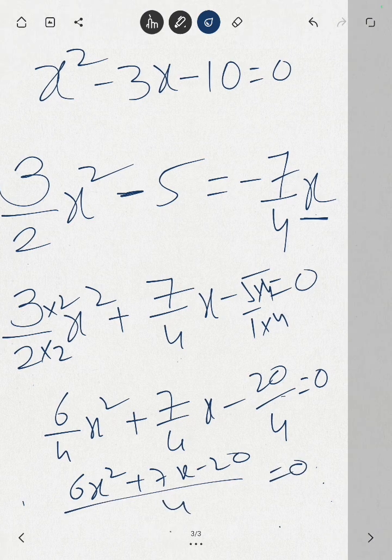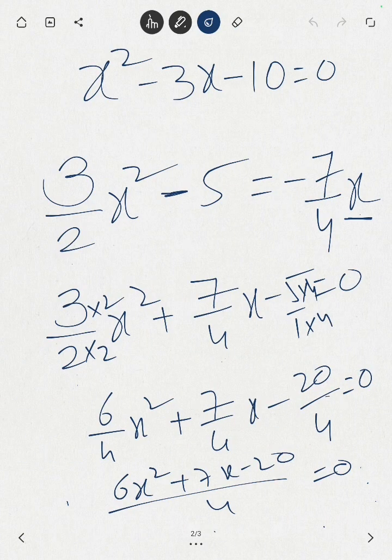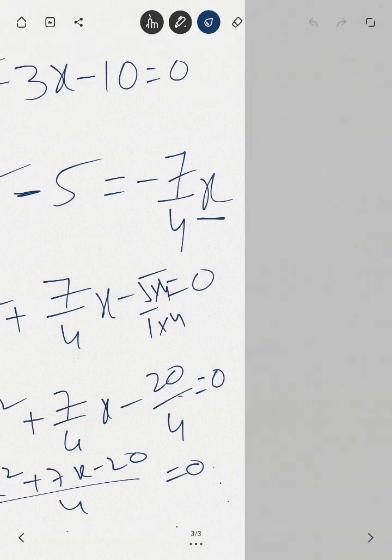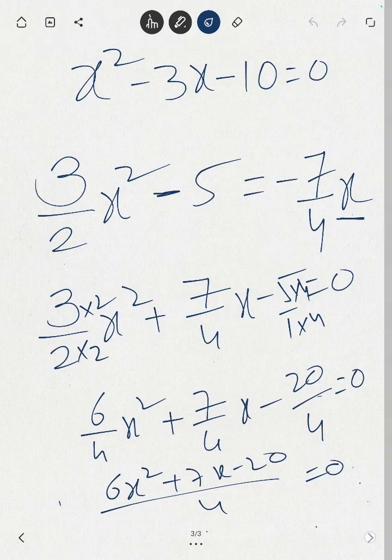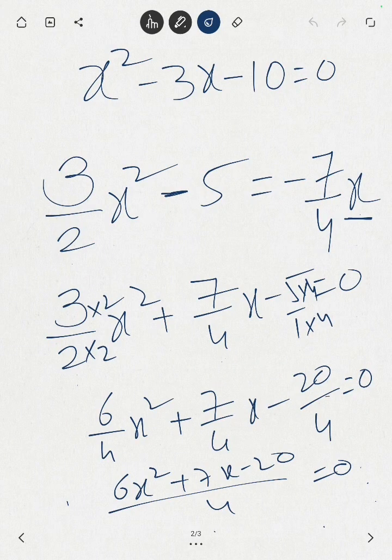Send 4 to that side, it will become 0 into 4, 0. So what is the final output? 6x square plus 7x minus 2. But how it looks originally, previously, this one.